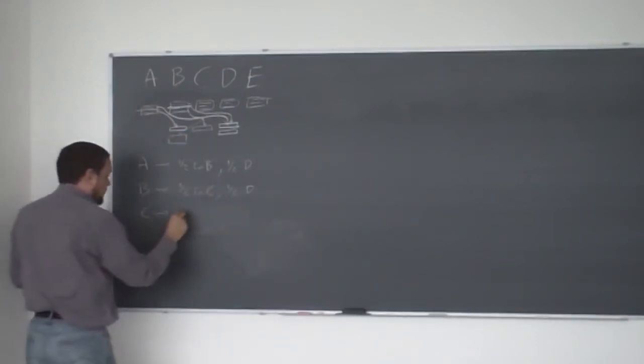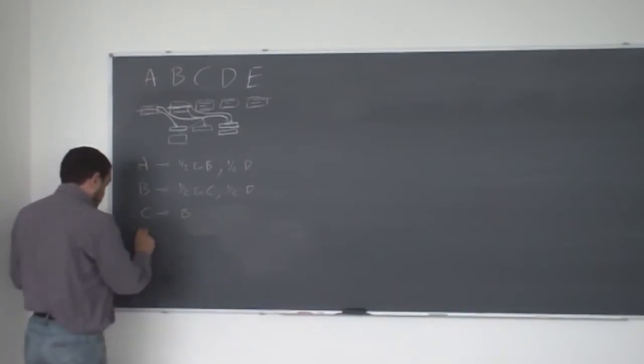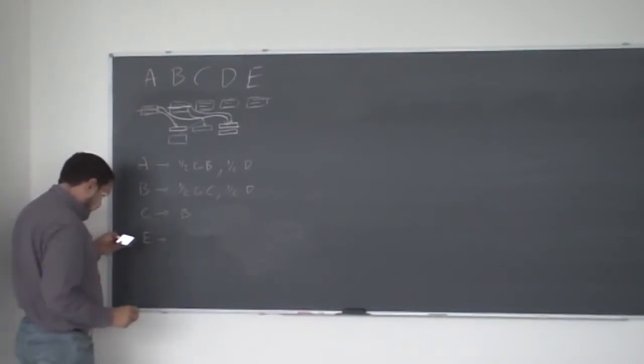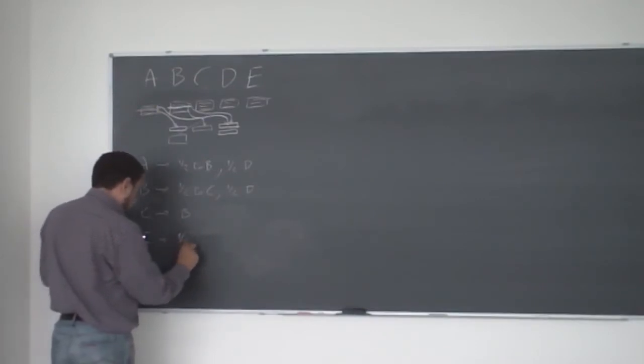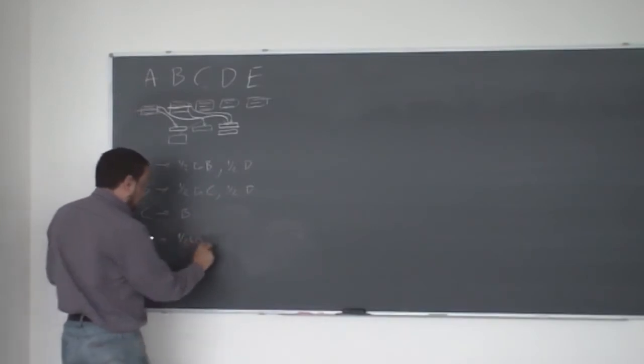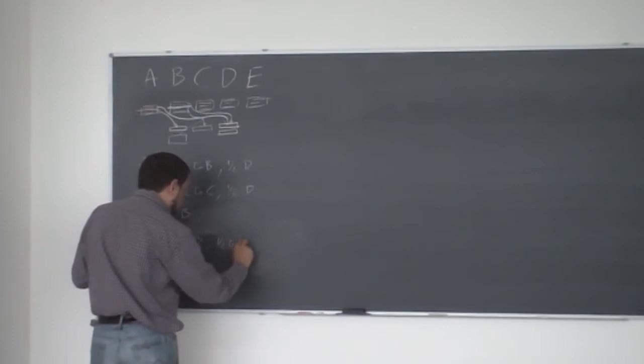Ed splits his deck in 2 equal parts: 1/2 goes to Bob, and 1/2 goes to Al.